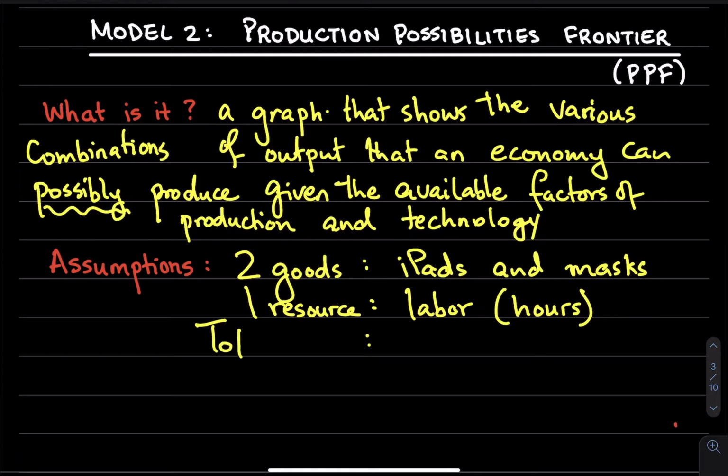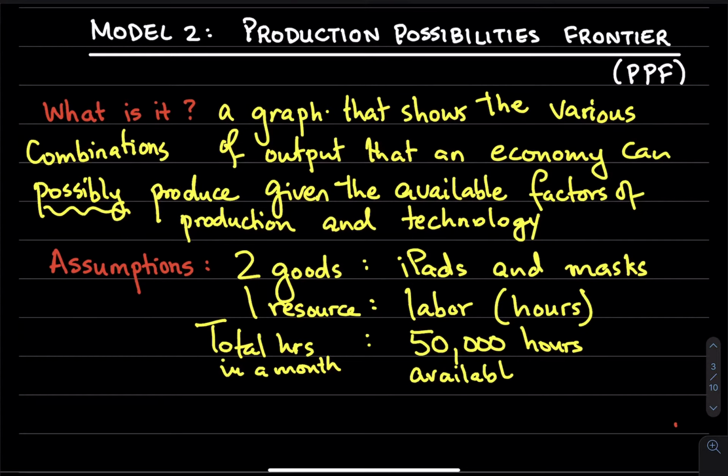So total hours available to us in a month. If we are thinking about monthly production, we are going to say, well, we have 50,000 hours available to us. Okay, this can be any number for the purposes of your exam or your homeworks, but right now for the example, we are going to roll with this. Okay, so 50,000 hours are available for production.